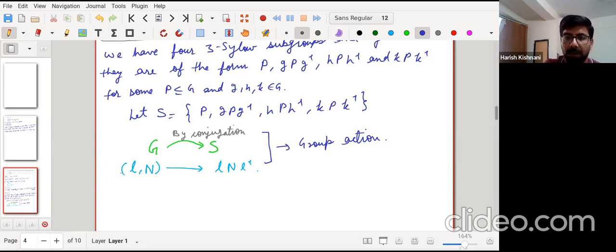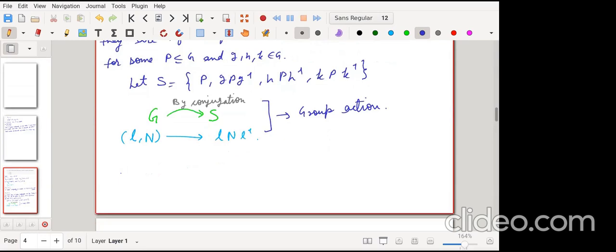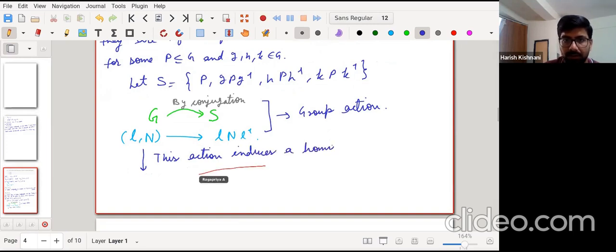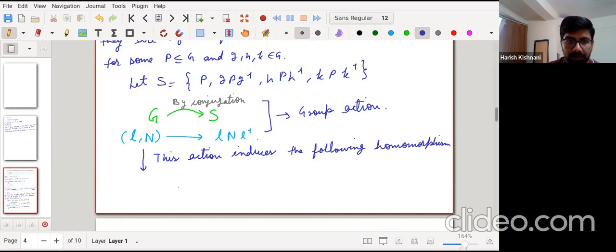So this action induces the following homomorphism. So what is the homomorphism?